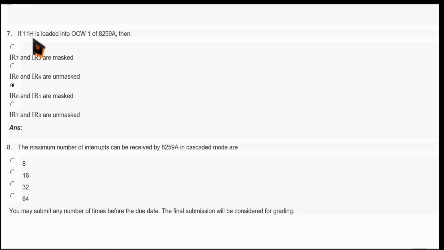If 11H is loaded into OCW1, that is operational command word 1 of 8259A, then we should explain this. So for this, first you should know OCW1. See, the OCW1 is given like this.